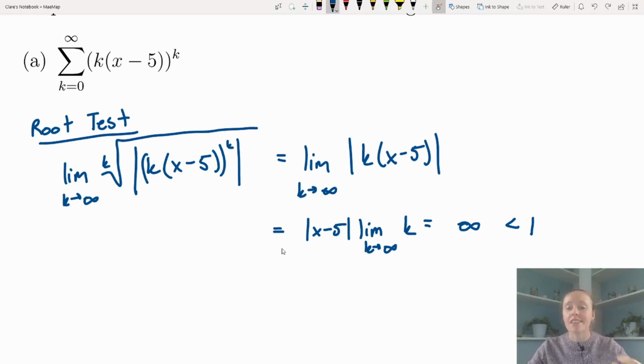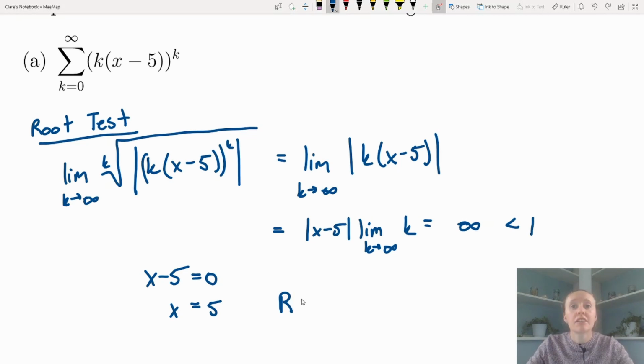So this is like case number 1 up above. We're only going to converge at a point. So we have to look at this and ask ourselves, what makes our limit get multiplied by 0? Well, that's when x minus 5 is equal to 0. So when does x minus 5 equal 0? That's when x is equal to a positive 5.